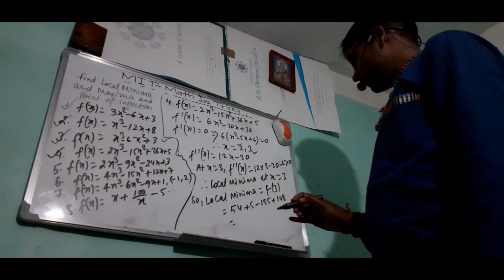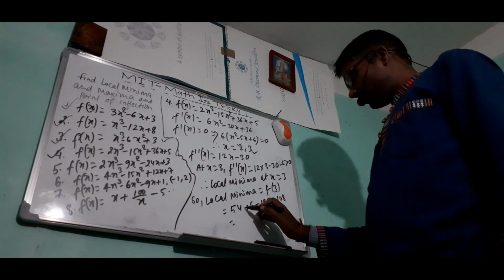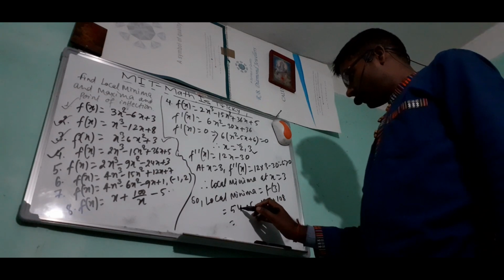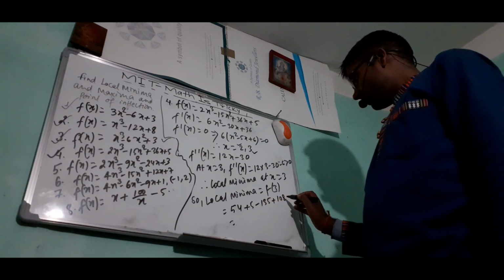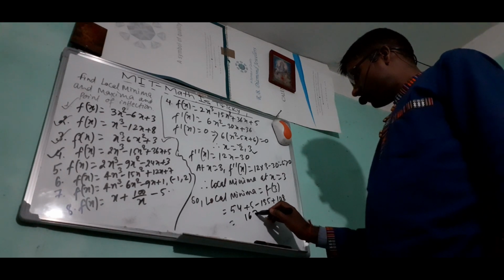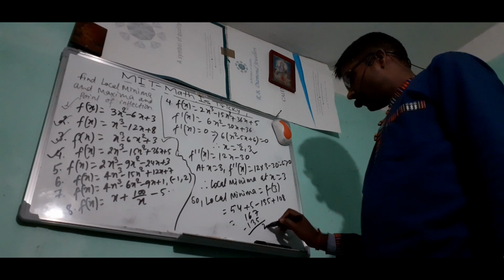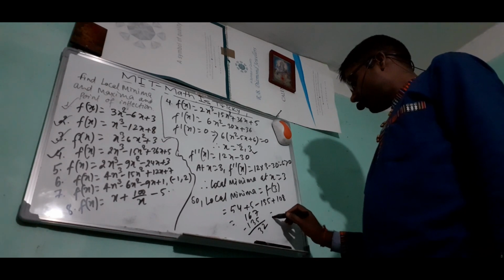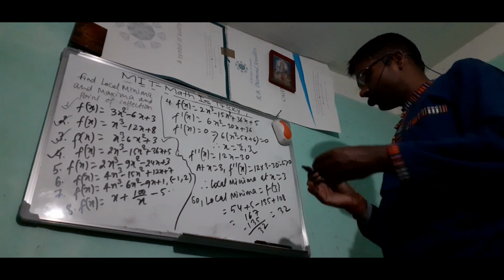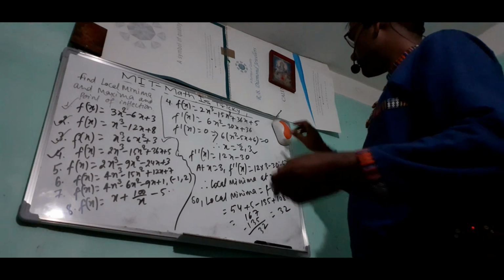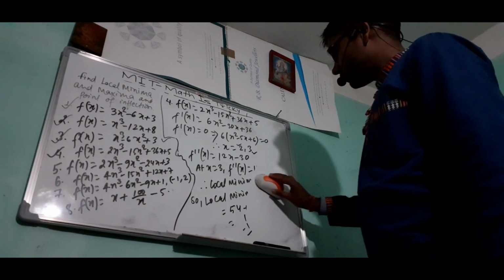So the total is 167 minus 135. What is the answer? I think it is 32. So you can simplify and get the answer also.